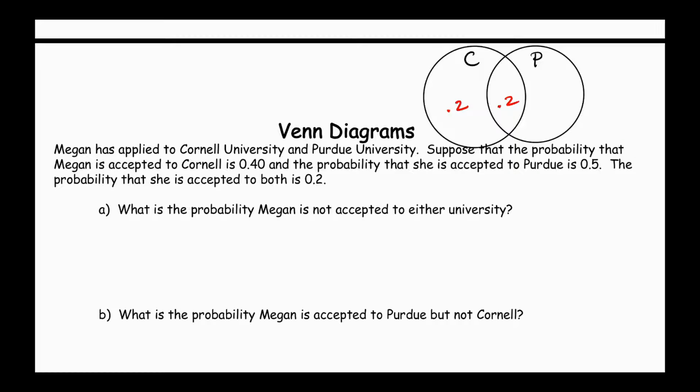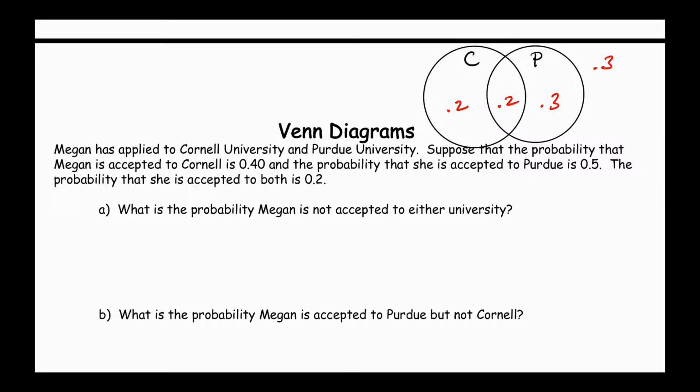And then in Purdue, it was 50%, so this one over here is 0.3. I'm missing some. Altogether, I got 40 plus 30 is 70%. So I'm missing 30%. So that's going to be on the outside. What does that represent? There's a 30% chance she doesn't get accepted to either college.